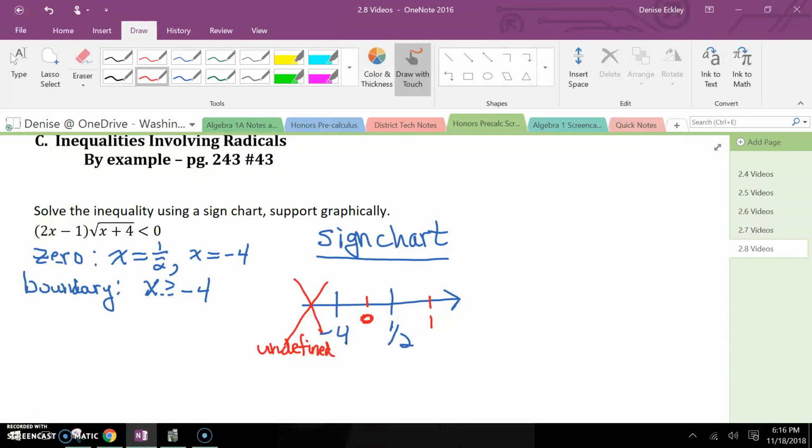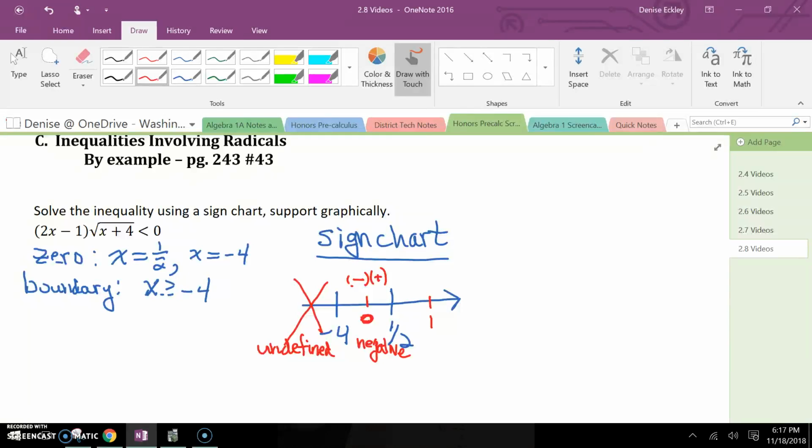And when I substitute that in, if I put 0 in the parenthesis, I get a negative number. And when I substitute 0 in the square root, I will always get a positive number at this point. So that section of the graph is negative.